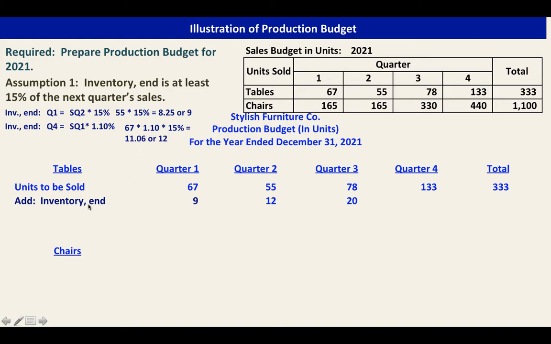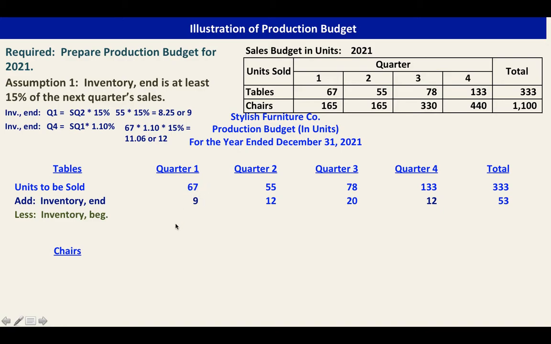Okay, so the inventory end of quarter four is 12. And the total of this is 53. And now we are going to deduct our inventory beginning. So our inventory beginning here for quarter one, since that is from the previous quarter, the end on the December 31, 2020 budget, the quarter 4 of 2020, will be based at 67.